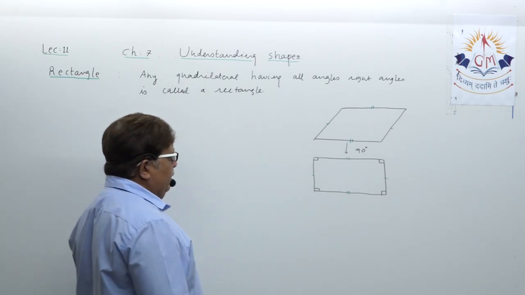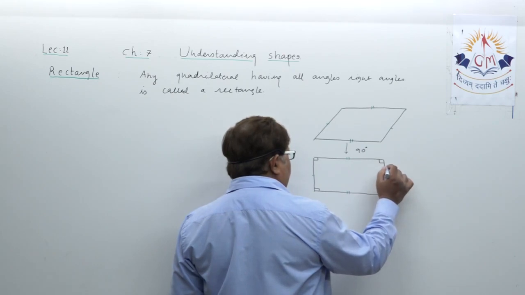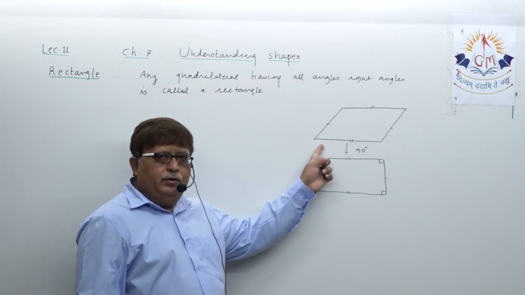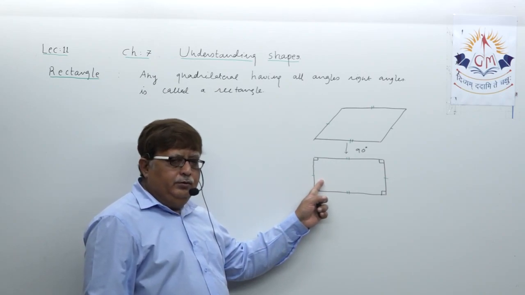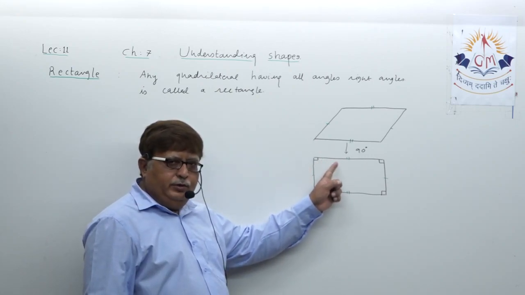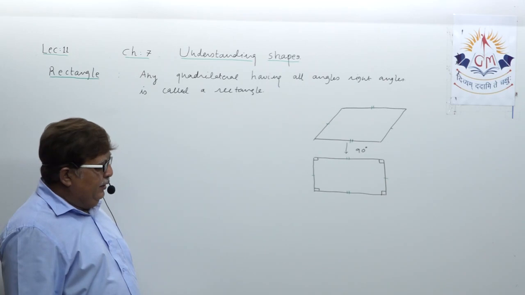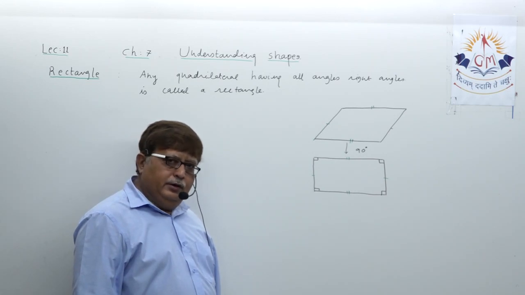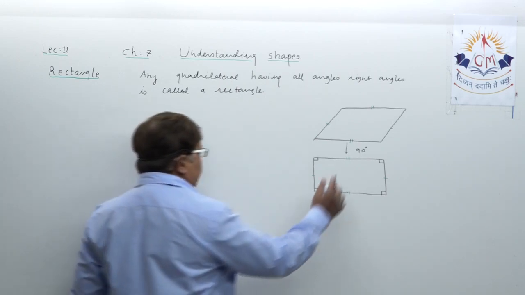So dear student, if I utilize a statement that every parallelogram is a rectangle, no. Every rectangle is parallelogram, yes, because one property remains common between these two, that is opposite sides are parallel and equal. Understood?